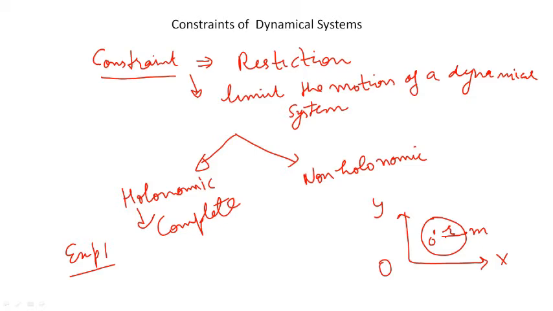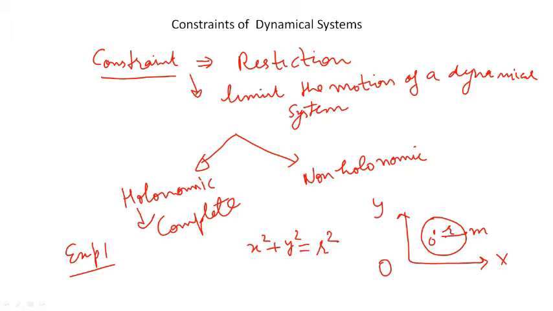Then for this mass m, which is moving on the circumference of the circle, you can write the equation x square plus y square equal to r square.